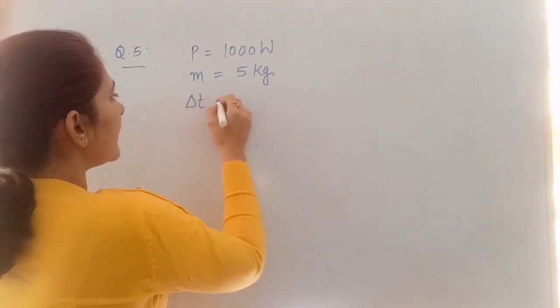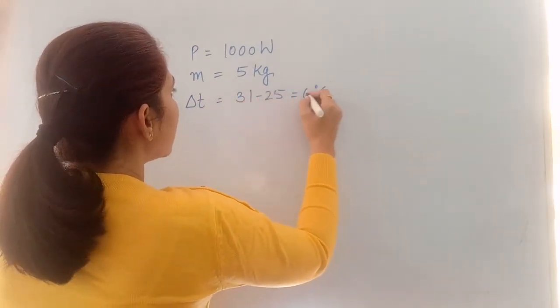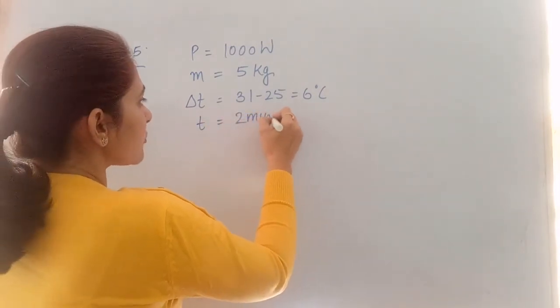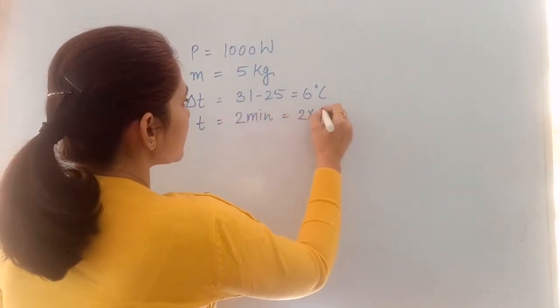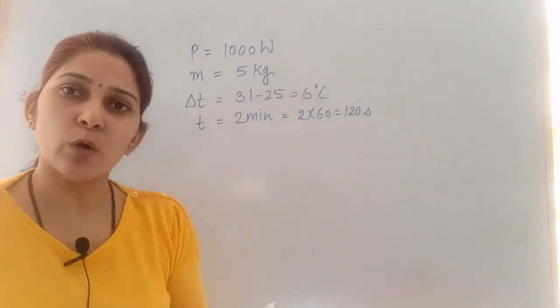That means delta T will be 31 minus 25, that is equal to 6 degrees Celsius. And this happens in 2 minutes, so you can convert it into 2 into 60, that will be 120 seconds. This much is given to us.